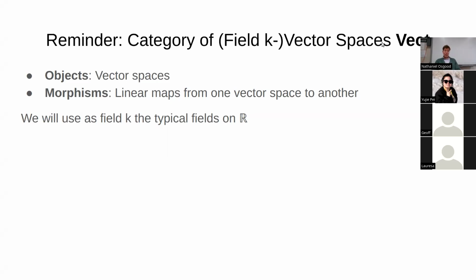And we should probably just make sure everyone's on board with this. The objects of the category are vector spaces, and the morphisms are linear maps from one vector space to another.